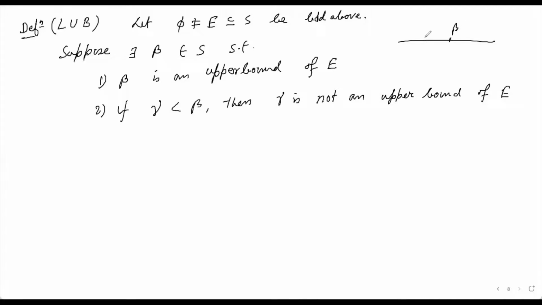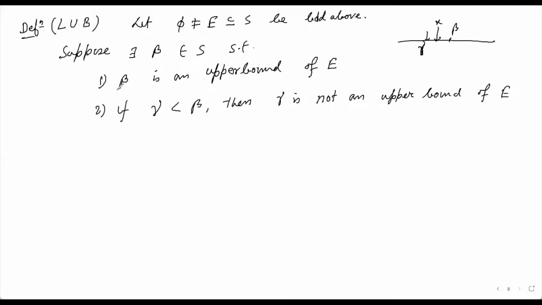If you have gamma somewhere here that is less than beta, then gamma is not an upper bound of E. That means we have some element which is greater than gamma. So least upper bound means it is an upper bound and it is least.